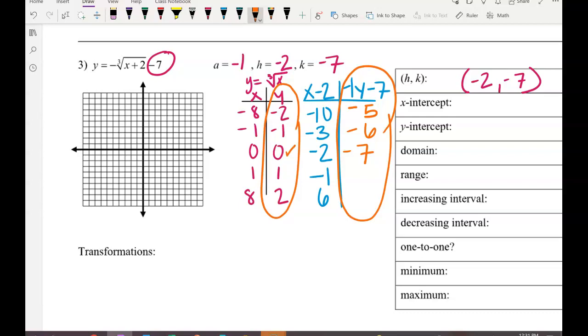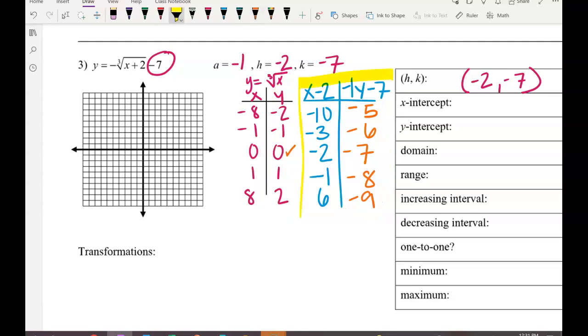Minus 7 is going to be -8. 2 times -1 is -2. Minus 7 is -9. So, guys, we now have this to plot. All right, -10 is going to be -5. -3 is 2, 4, 6, -6.